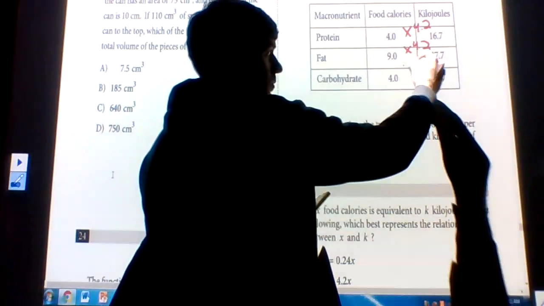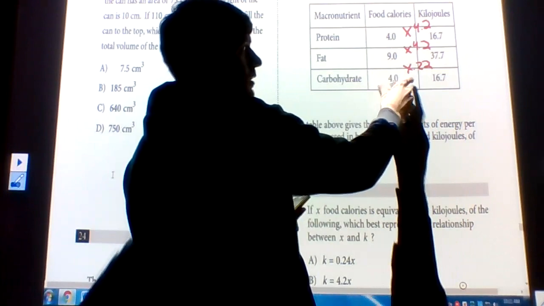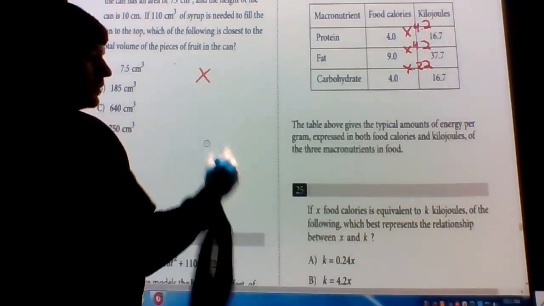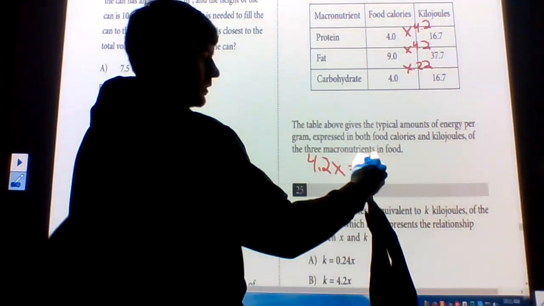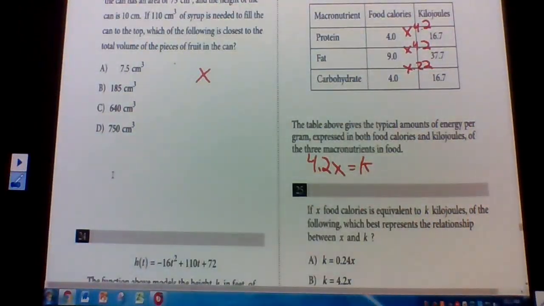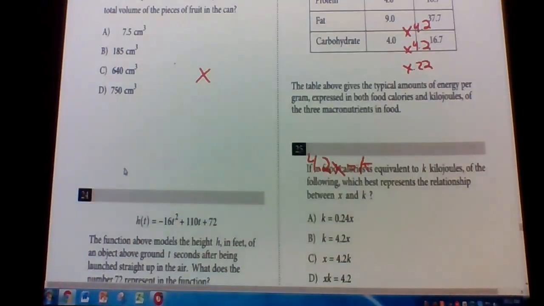So you're multiplying by 4.2 each time. So that means that the kilojoules are going to be 4.2 times bigger than the food calories. So you need to multiply x by 4.2 in order for it to equal k. Right. This column is 4.2 times bigger than this column. So that's going to be option B, 25.